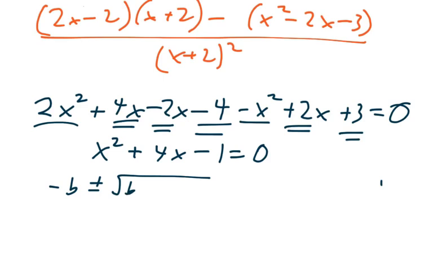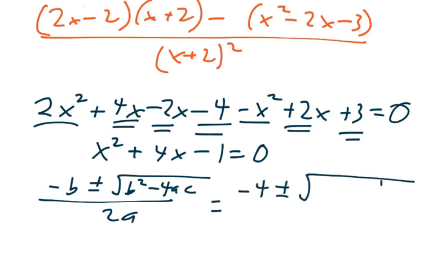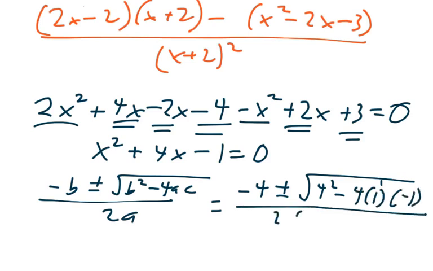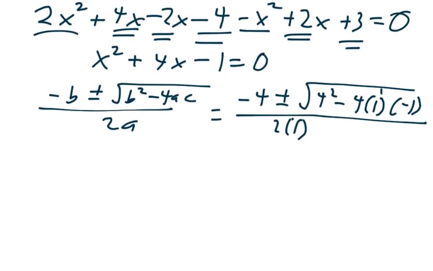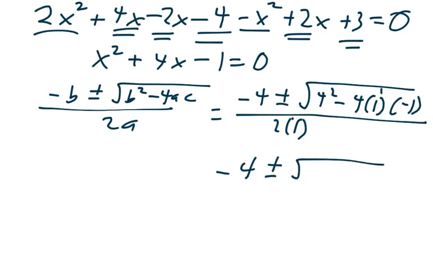Because this does not factor, I'm going to have to solve by using the quadratic formula, or I could use the calculator to solve it. So we got negative 4 plus or minus the square root of 4 squared minus 4 times 1 times negative 1, over 2 times 1. So I got negative 4 plus or minus the square root of 20 over 2.